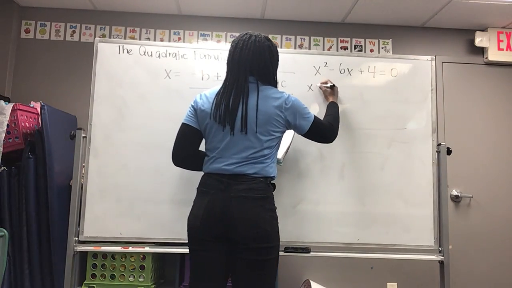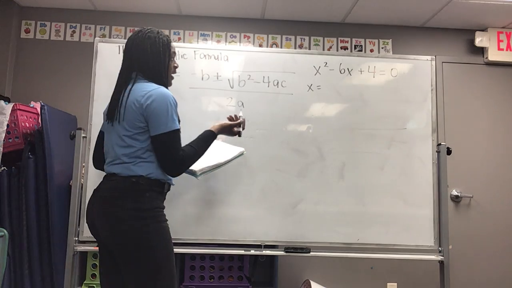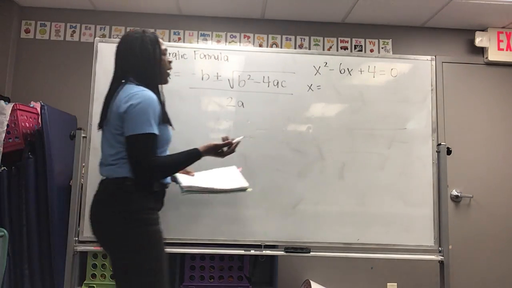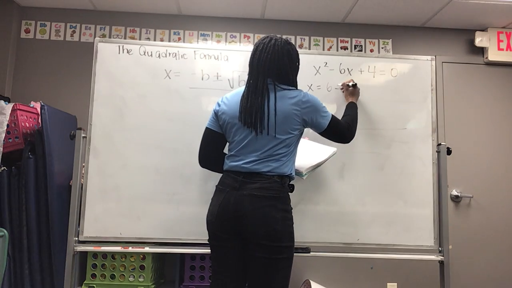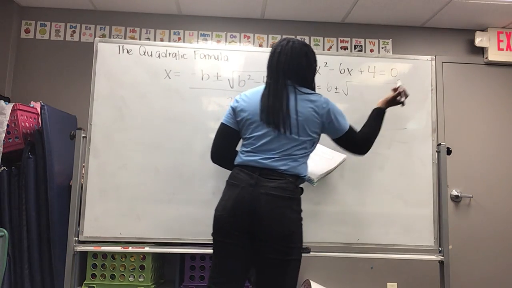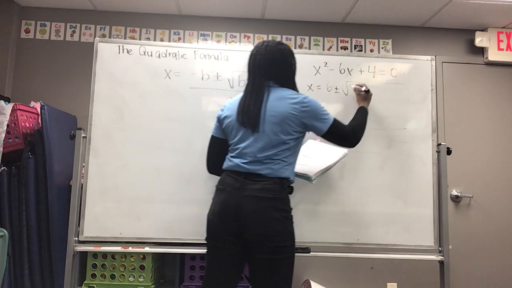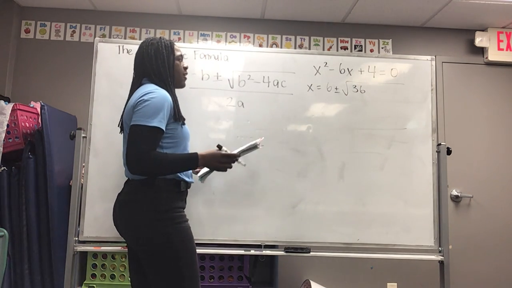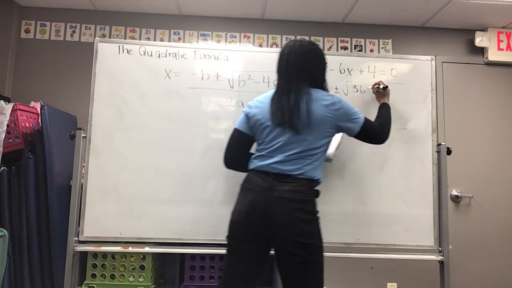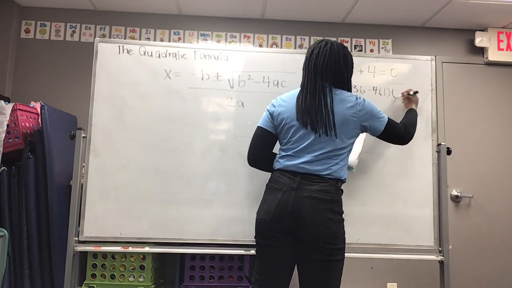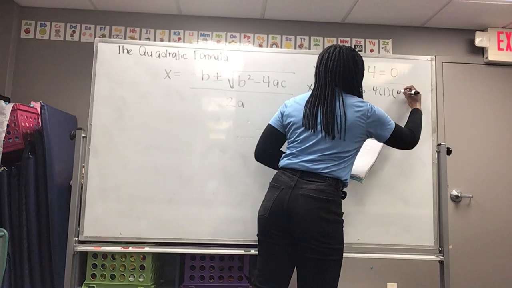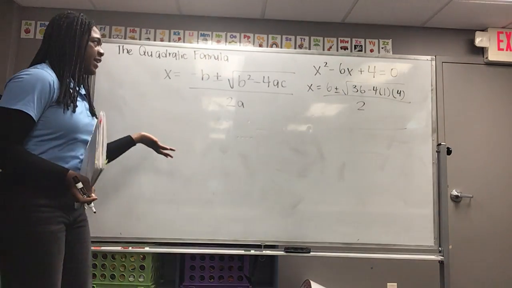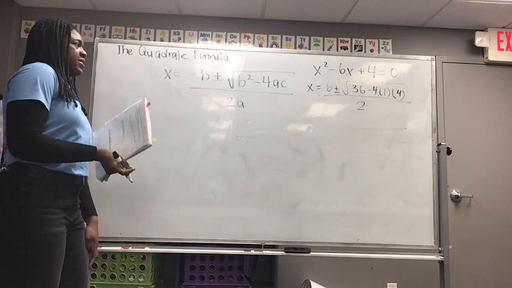So x would equal negative b, which b is already negative 6, so negative negative 6 is just positive 6, plus or minus the square root of b squared. I'm actually just going to write 36 already. And then minus 4 times a times c, which is also 4. And then all over 2a, which again, a was 1, so we don't need to multiply anything there.